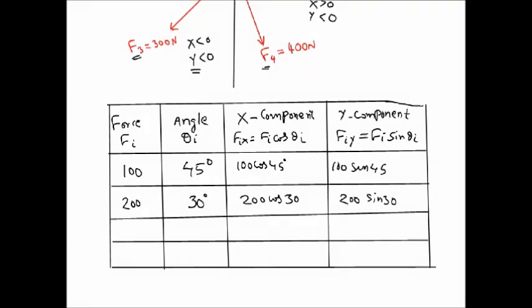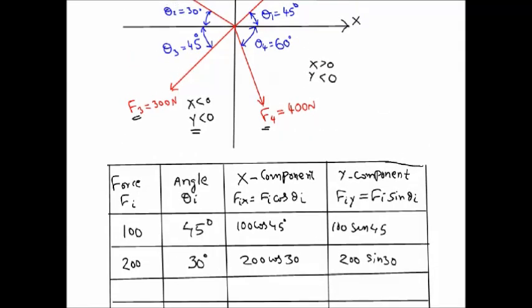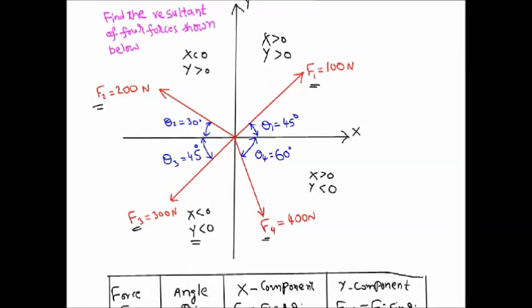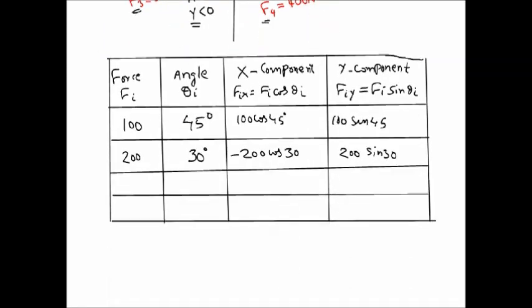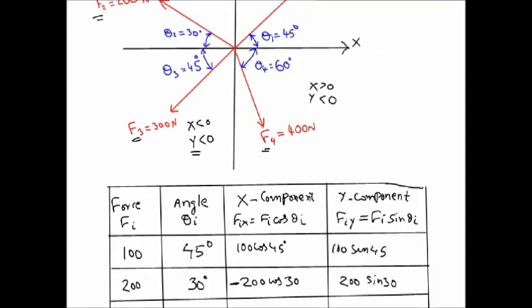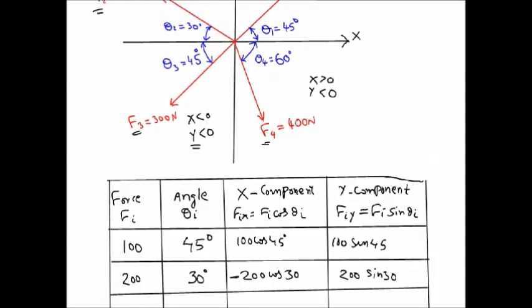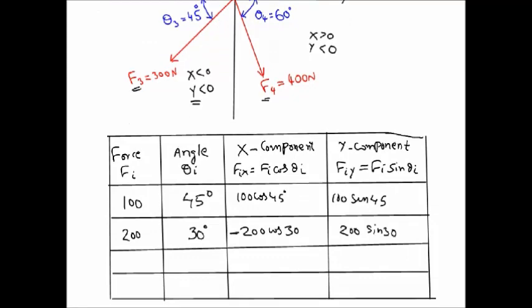You have to pay particular attention here. The x component of the force F2 should be less than 0 because it is lying in the second quadrant. So you put a negative sign here. And then the force F3 is 300 and the angle is 45.